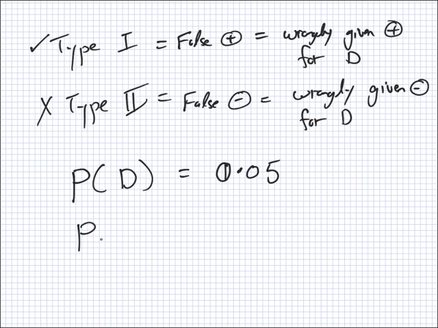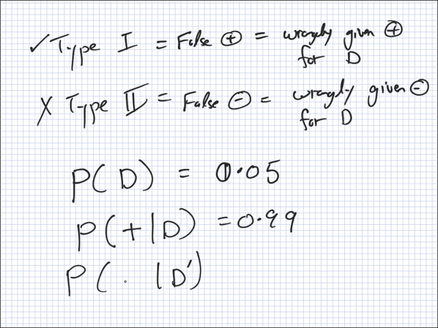You have a test, and the test tells you you have the disease, given that you have the disease, 99% of the time. So if you have the disease, then you will get a positive test result 99% of the time. And then the other part of the test is if you don't have the disease, the probability of getting a negative, we'll make that a little bit different.